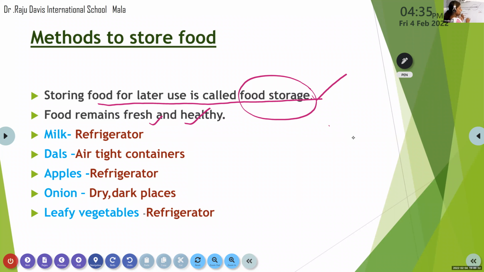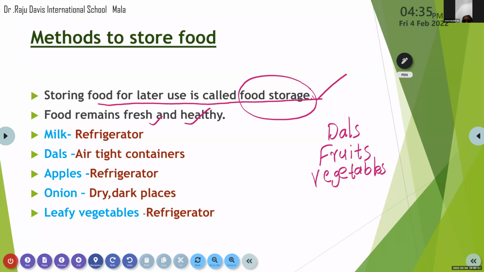Then Shrinka, any food item that we can store? Fruits. Then Adidev, any food item? Ma'am, vegetables. Very good.